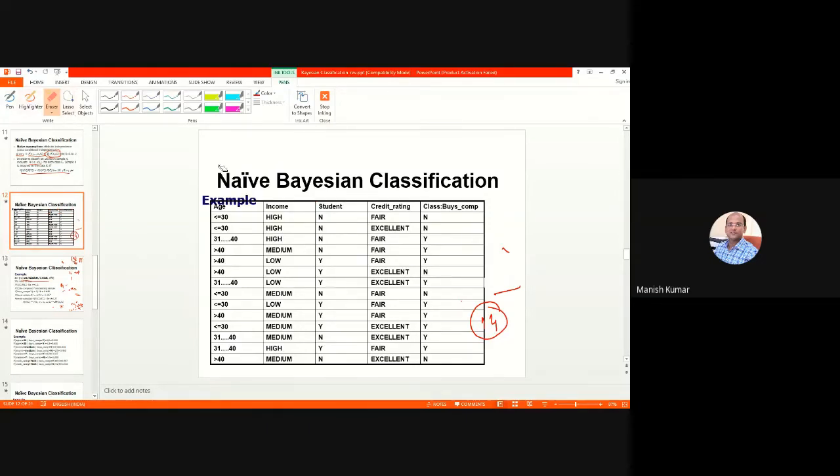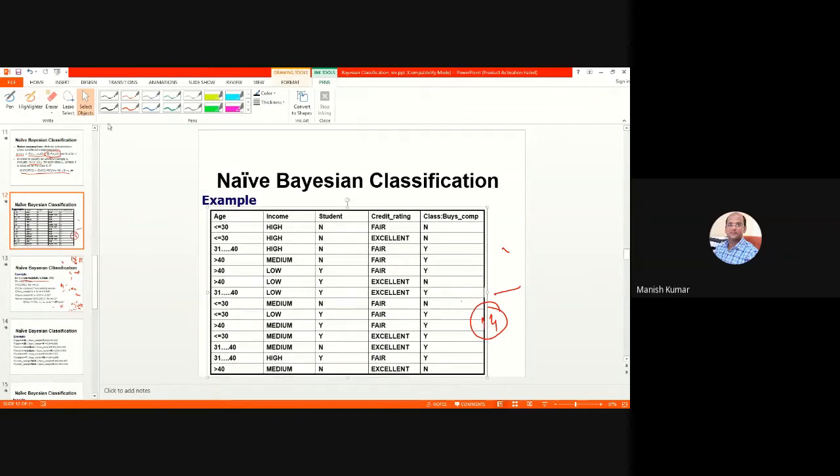So when you look for such a sample, what we are looking for is age greater than 30, medium, yes, and fair.